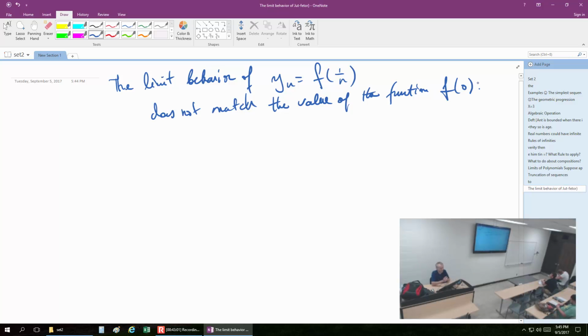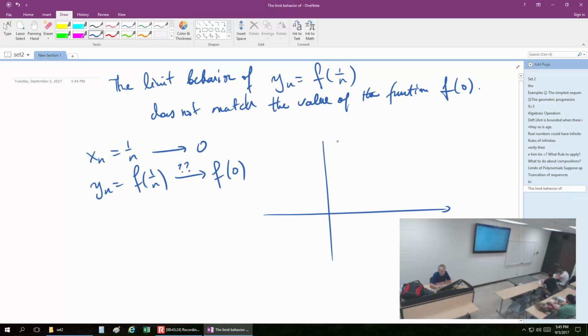Even though x_n equals 1 over n is going towards 0, the y behavior has to match. y_n is equal to f of 1 over n. And then the question is, does it go towards f of 0? It might or might not.